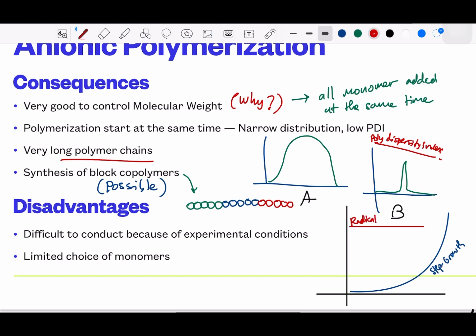And how about the anionic? The living polymerizations. Anionic is here. It's going to be linear. So, living polymerizations.